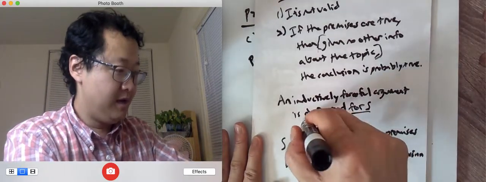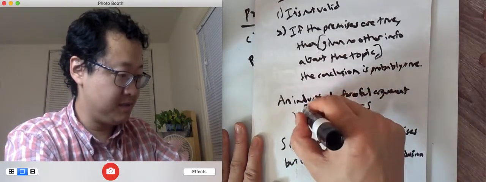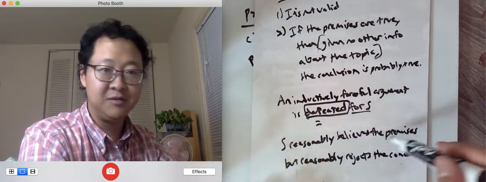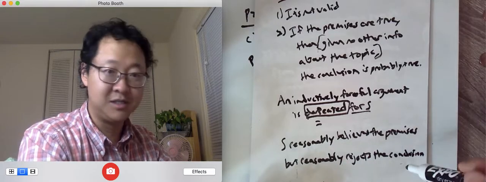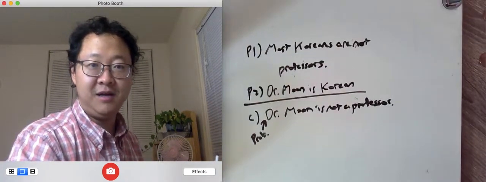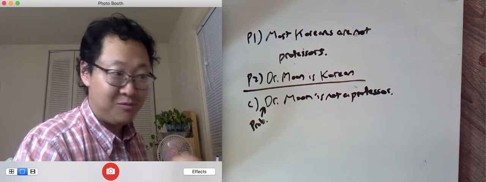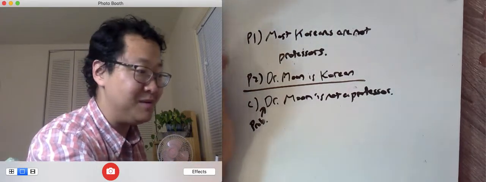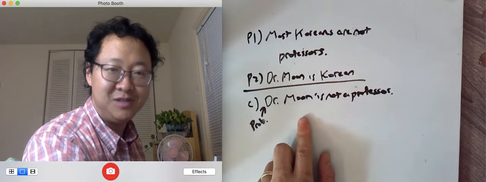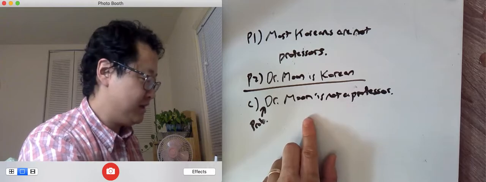Okay. An inductively forceful argument is defeated for a person equals the person reasonably believes the premises but reasonably rejects the conclusion. Okay, so in this argument here, all of you watching this reasonably believe the premises, okay, but you reasonably reject the conclusion that I'm not a professor.